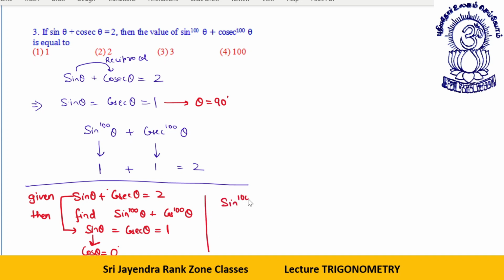Sine raised to power 100 theta plus cos raised to power 100 theta will be equal to 1 plus 0 raised to power 100. This is 1 raised to power 100. So that will be 1. There's no option for this. Okay. So this is 1. Here you can say option 2 is the answer. Okay. Clear to all?